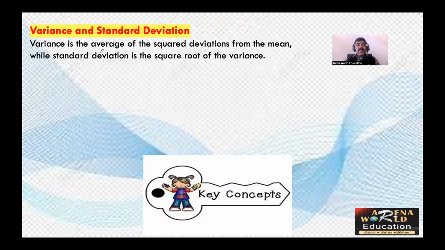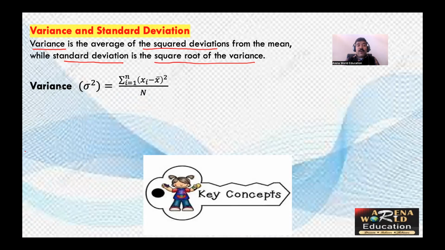Look at this one. When it comes to variance and standard deviation, variance is the average of the squared deviations from the mean, while what is standard deviation? Standard deviation is the square root of the variance, right? You can see in mean deviation we were taking the absolute value, but here we will take the square of deviations. Look at the formula.